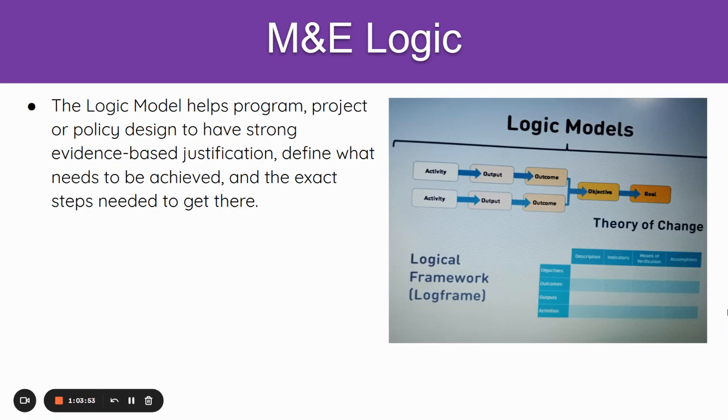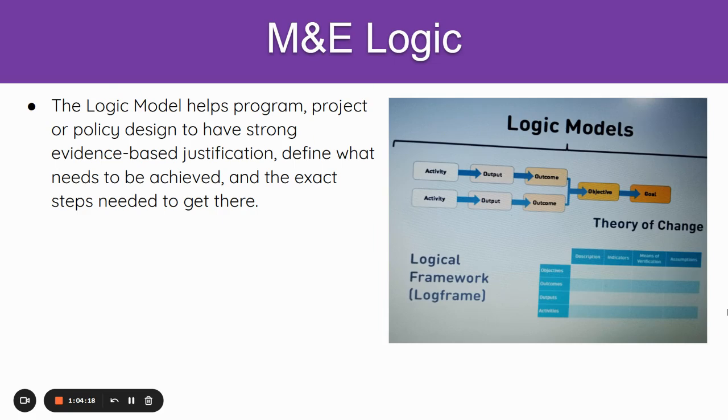The theory of change is a causal pathway. It shows the causal pathway of how change will be made, coming from the activities all the way to the end result, which is the goal. For change to occur, there must be activities implemented, and these activities must produce some results, which are outputs.